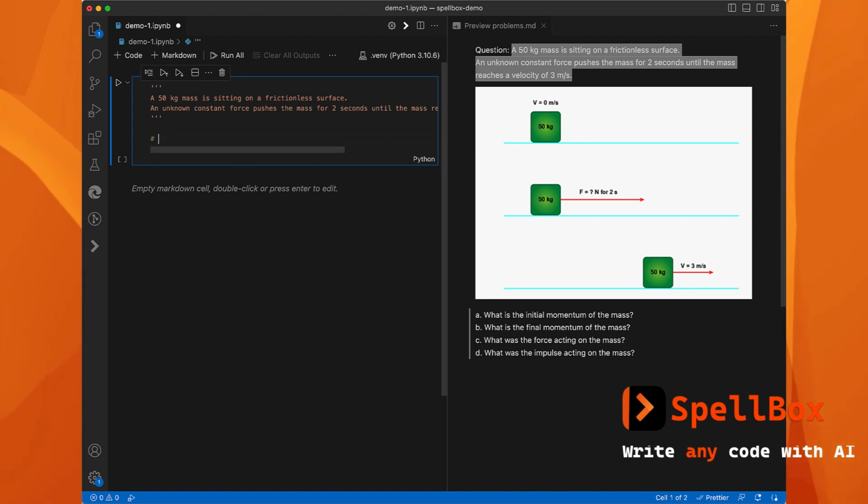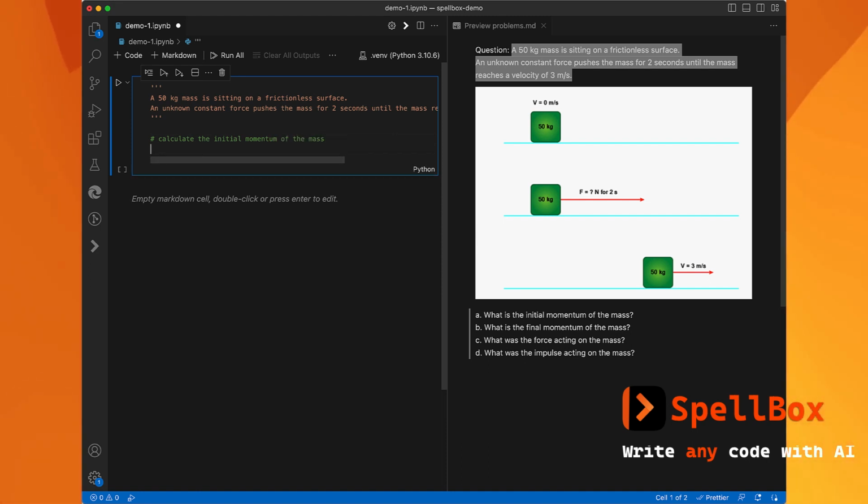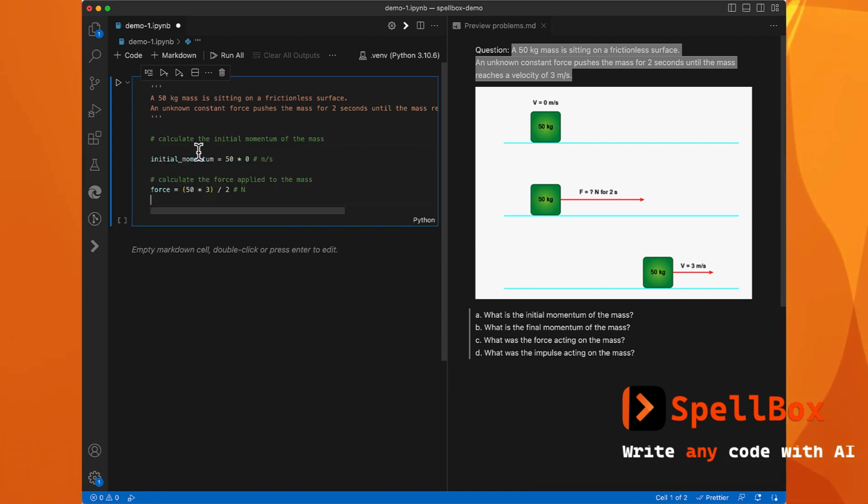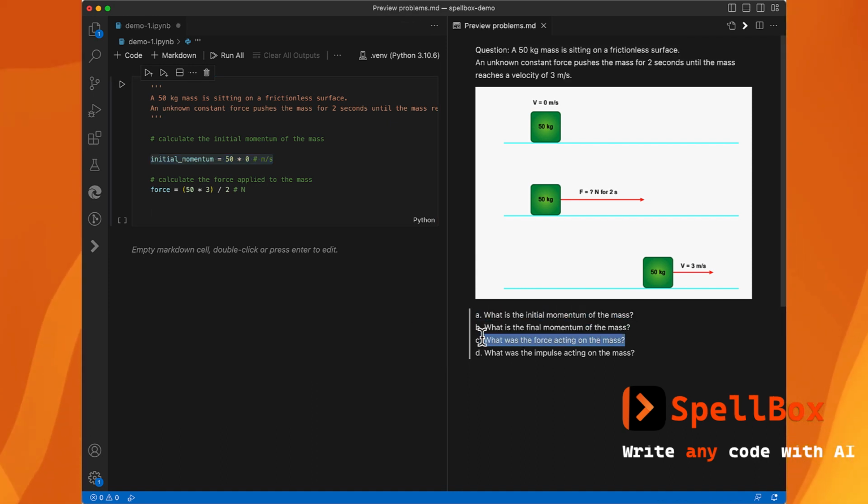And so we can simply say calculate the initial momentum, and we can use the complete code from SpellBox to do that. And there we go. We have the initial momentum and the force applied. So we don't really need the force applied, but the next question says to find it. So we can keep it there.